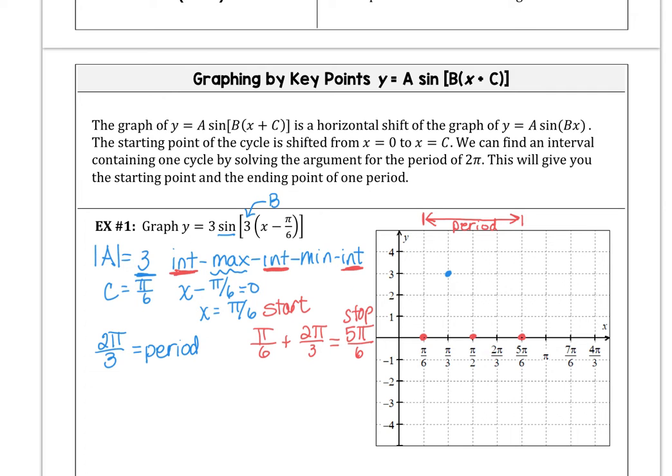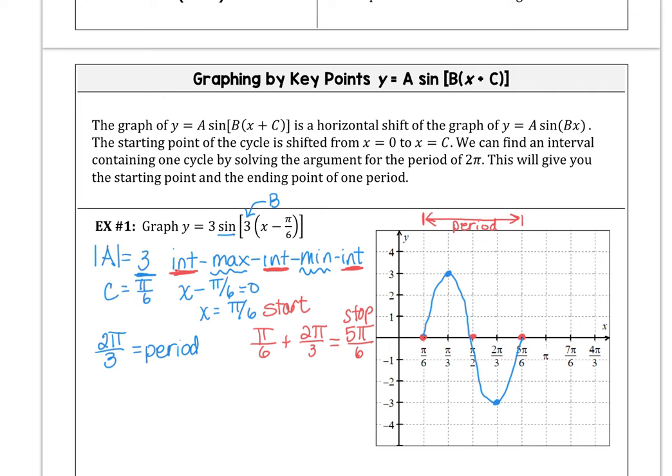And then we also have a minimum halfway on the second half. So at 2 pi over 3, we have a minimum. There we have the 5 key points of our one complete cycle, from pi over 6 to pi over 3 to pi over 2, 2 pi over 3, and 5 pi over 6.